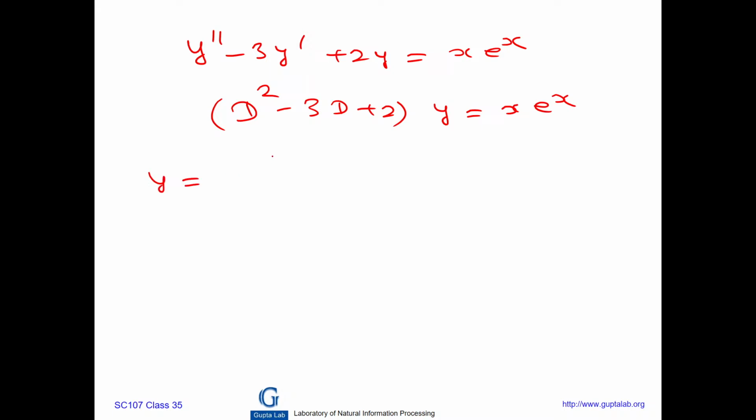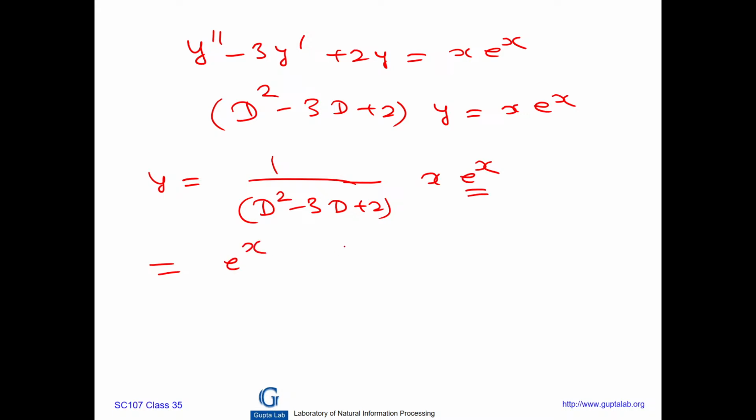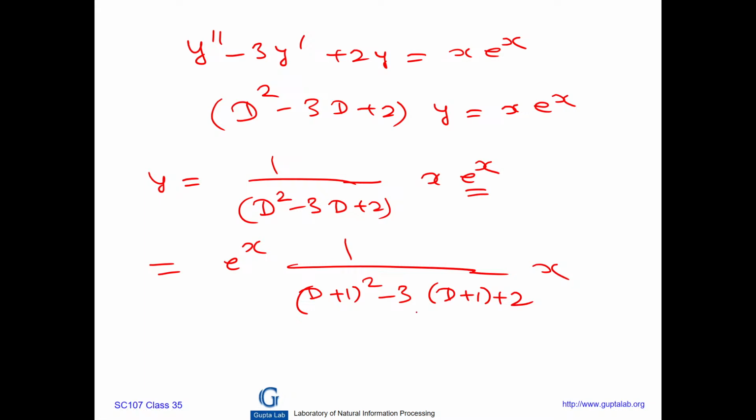So y is nothing but 1 over D square minus 3D plus 2 times x times e raised power x. E raised power x I can take on the other side. This is 1 over (D plus 1) whole square minus 3 times (D plus 1) plus 2, acting on x.